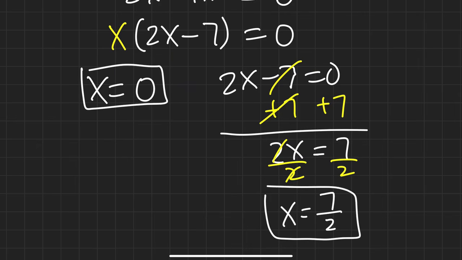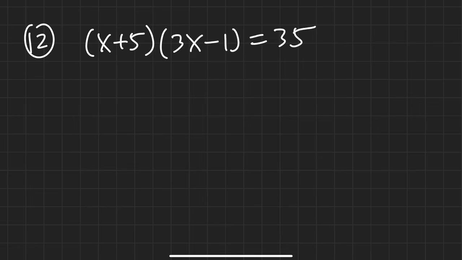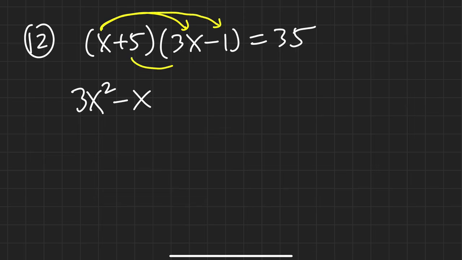Done. All right, one more and then we'll be done. Number 12, we have x plus 5 times 3x minus 1, and that is equal to 35. So similar to what we did earlier, let's just go ahead and distribute. 3x times x is 3x squared, and then continue. That will be negative x, and then 5 times 3x, that's positive 15x.